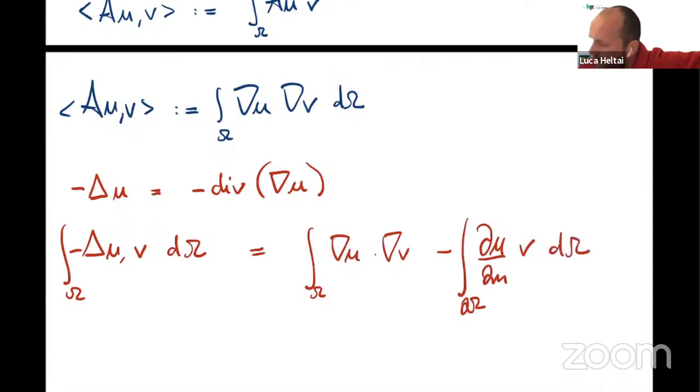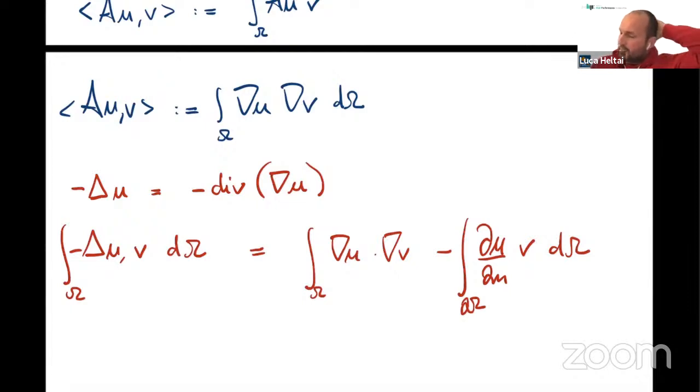Then one chooses the functional space in such a way that the term you see on the right-hand side disappears. And this is exactly how the weak derivatives are defined, if you recall.